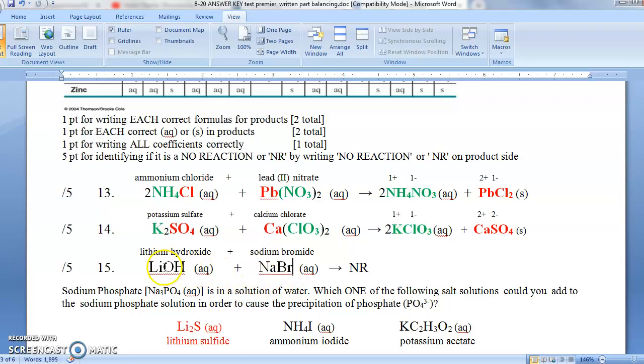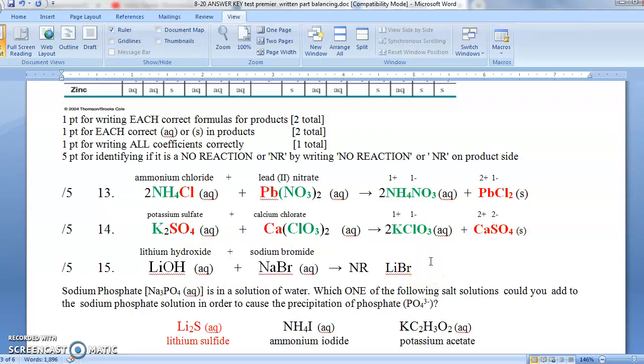Now what happens in this reaction? Well, it's double displacement. There's the Li. The Li, the first thing here, will want to join with the second thing there, Br. In a double displacement or double replacement or ion exchange, sodium is going to exchange places with the lithium.